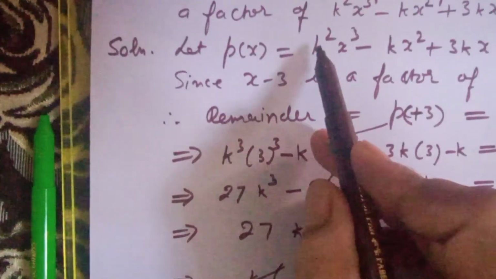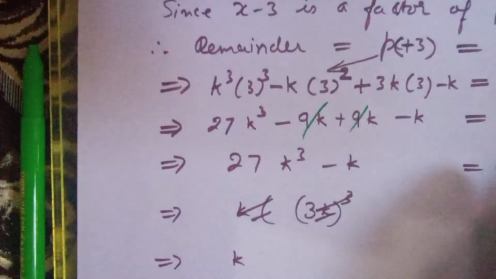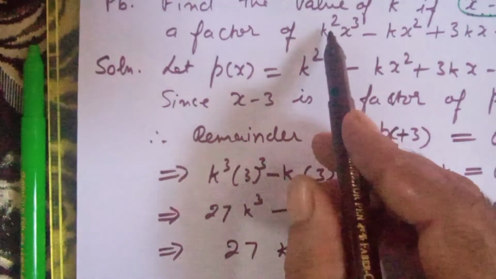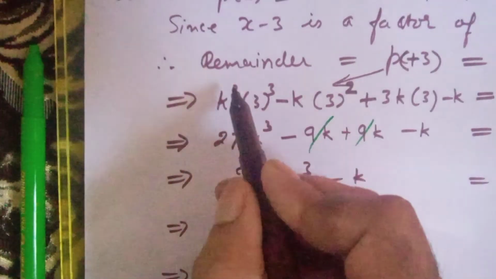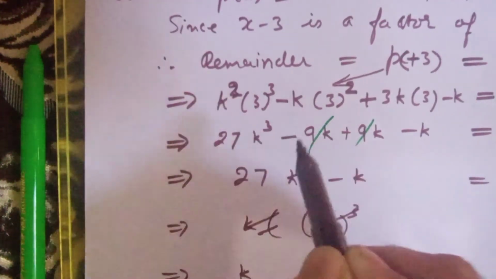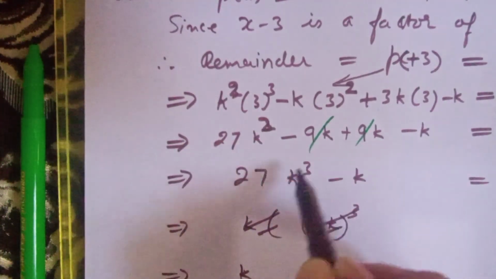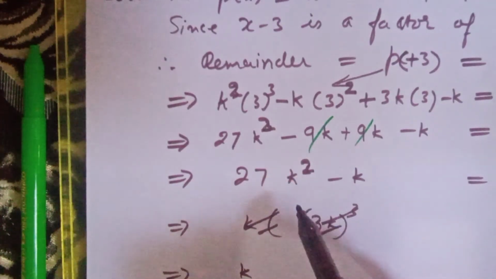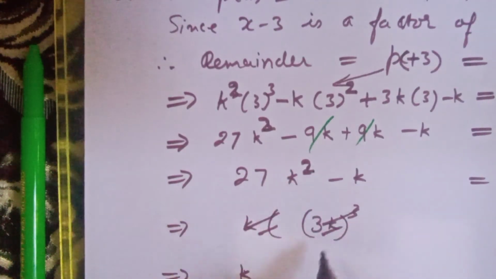Here you see, it was k square. By mistake I have written cube, so it is square. Again it is square. Okay, now I have taken k common.